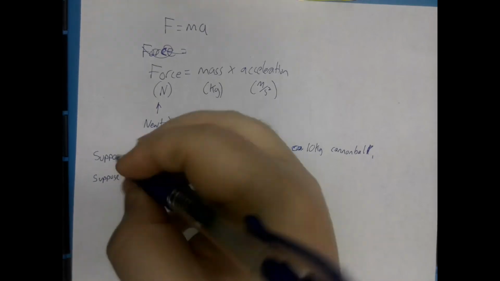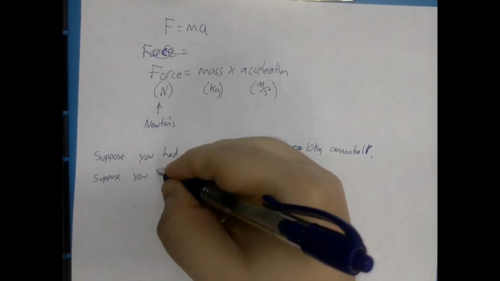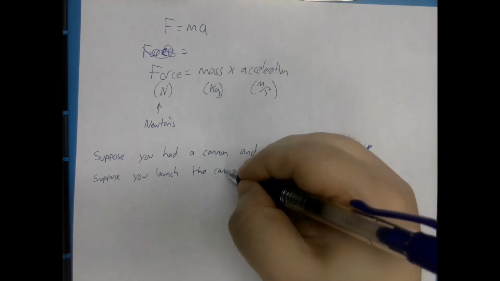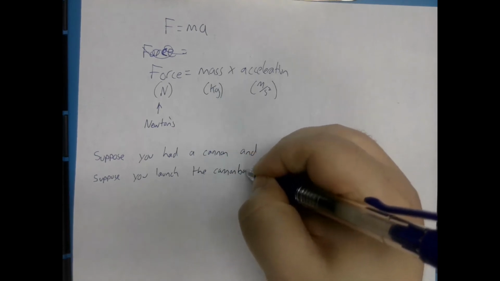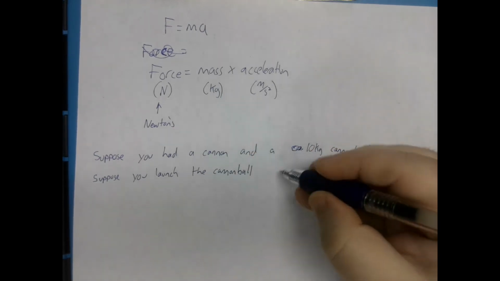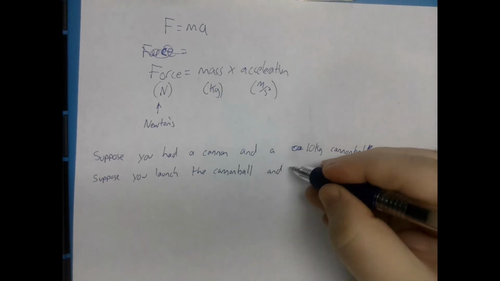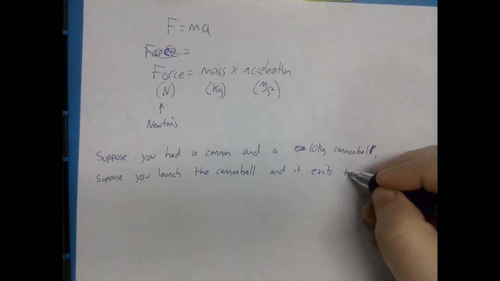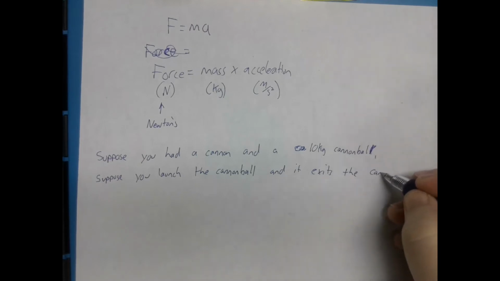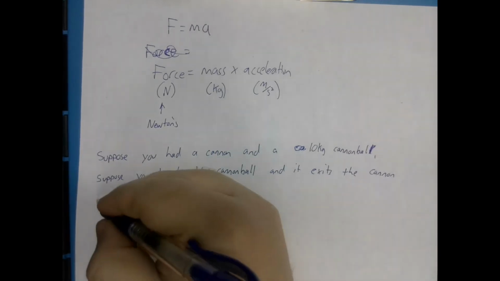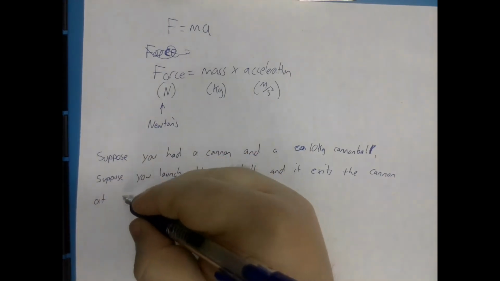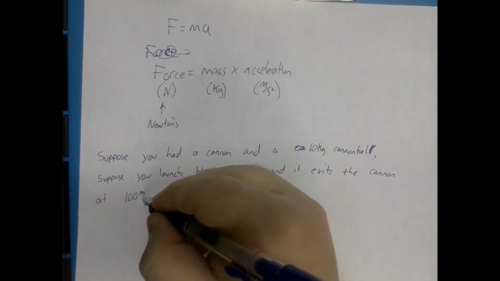Suppose you launch the cannonball and it exits the cannon at 100 meters per second.